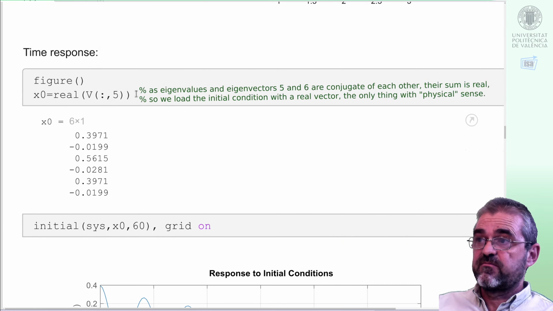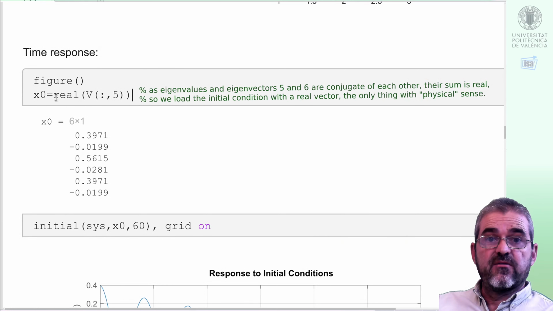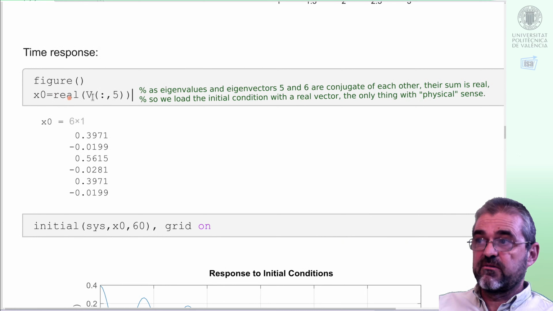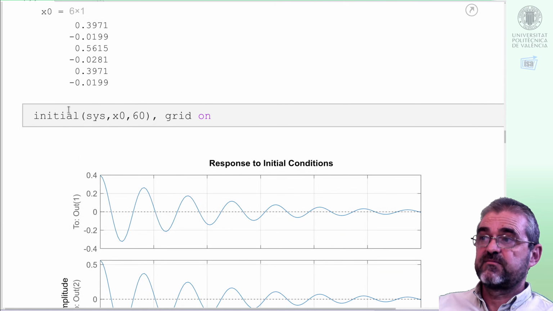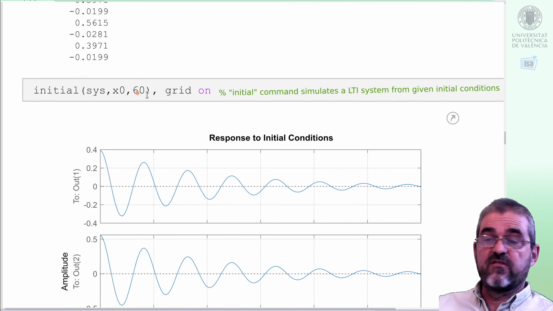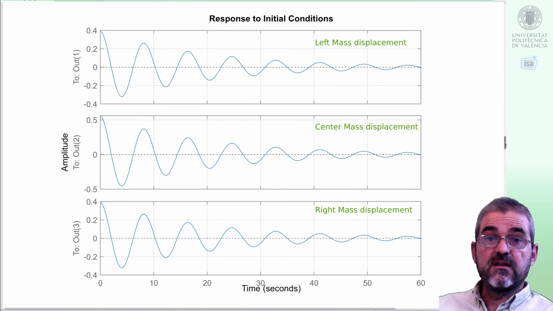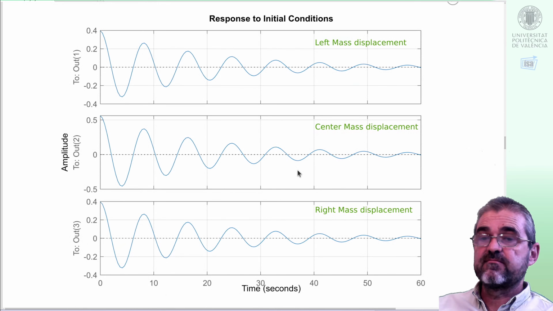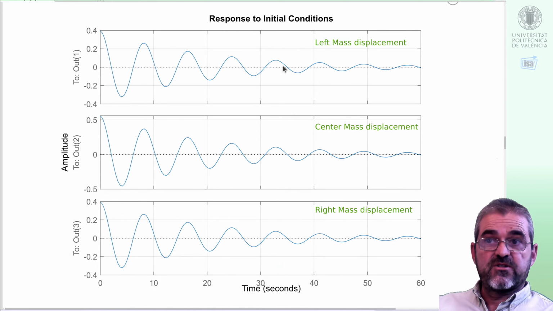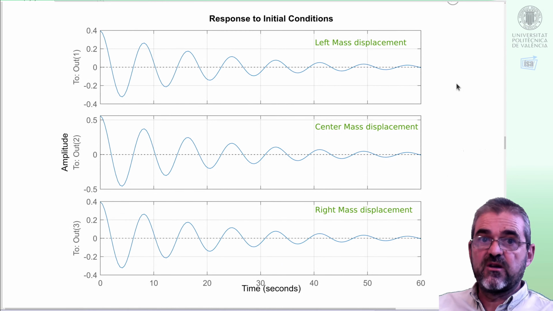Time response: if we set the initial condition to the real part of the associated eigenvector, with the initial command running for a minute, which is roughly the settling time we determined earlier on, it yields a simulation in which, as expected, the three masses move in phase and the oscillations take roughly 1 minute to disappear, or to be below 5% of the initial amplitude.